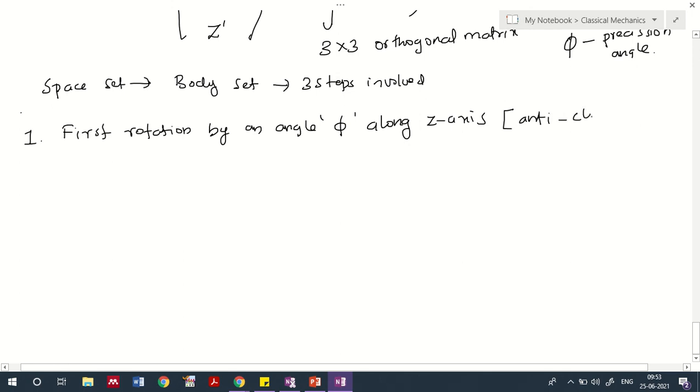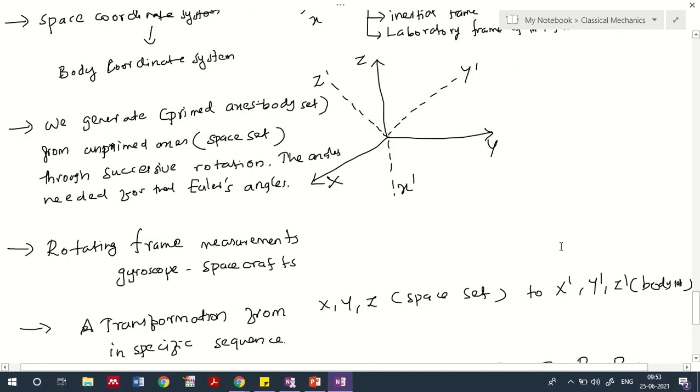Anti-clockwise direction, because as you can see in the figure earlier, we have represented it moving in an anti-clockwise direction. We have y over here and it follows a path in the anti-clockwise direction. z is transforming to z dash, x is transforming to x dash, then y is transforming to y dash.